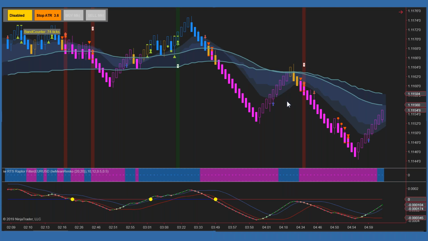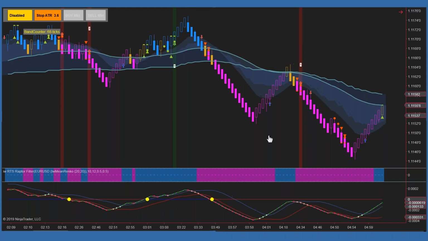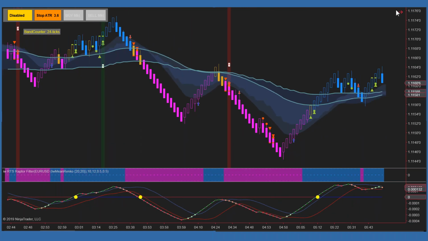I might run an 8-tick default Raptor, and I may even run a 20-tick chart because I'm getting exceptional follow through. Even though I'm getting fewer signals, the moves that are showing up here are just wonderful, just fantastic.